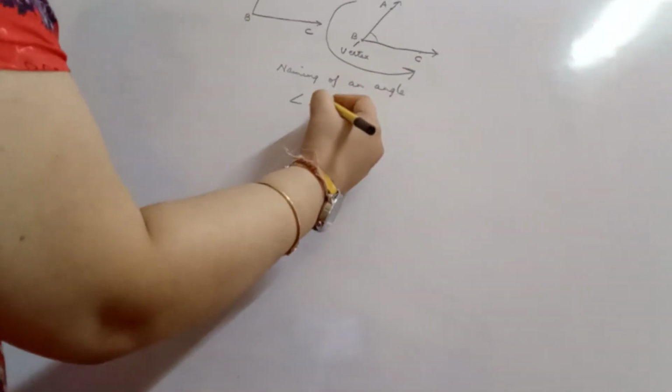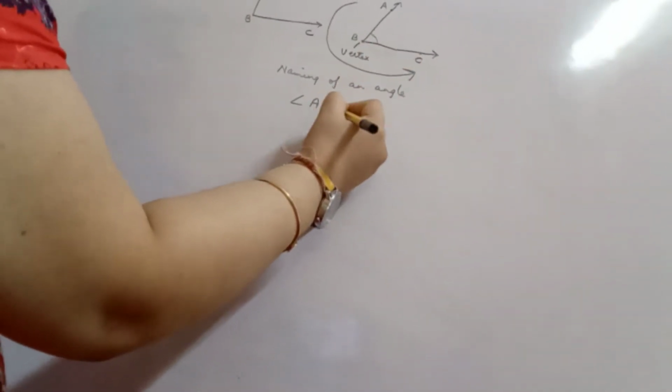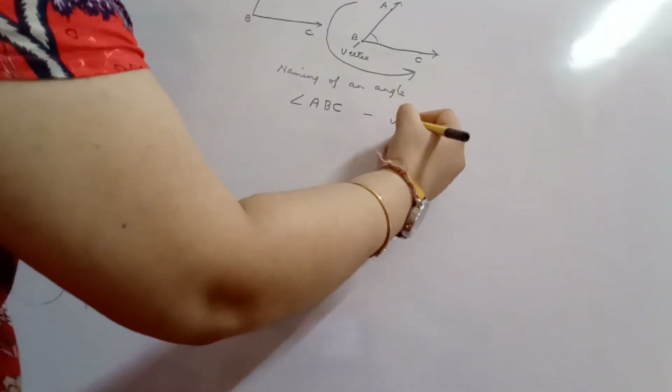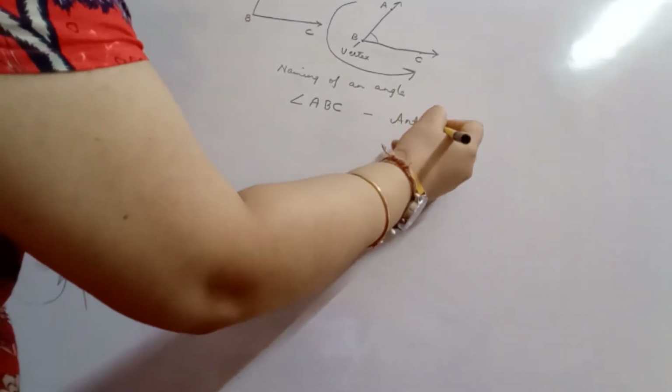So it gives me A, B, C. So this is moving in anti-clockwise.